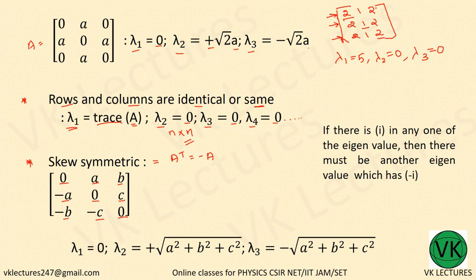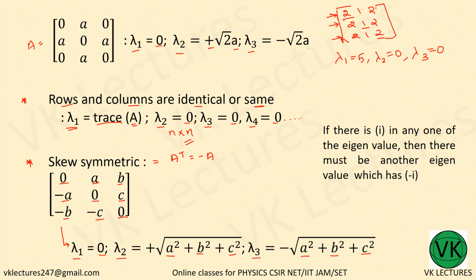Now in this case what are the eigenvalues? Lambda 1 equal to 0, lambda 2 equal to plus root of a square plus b square plus c square, and lambda 3 equal to minus root of a square plus b square plus c square.